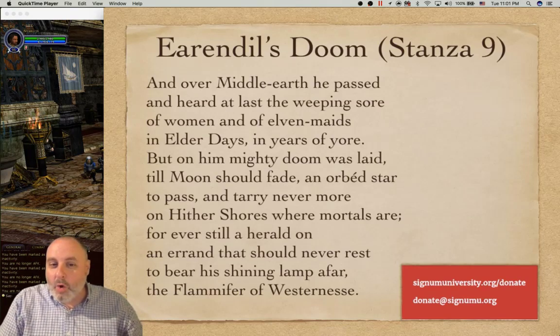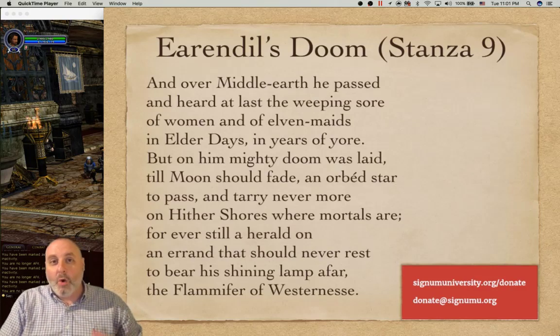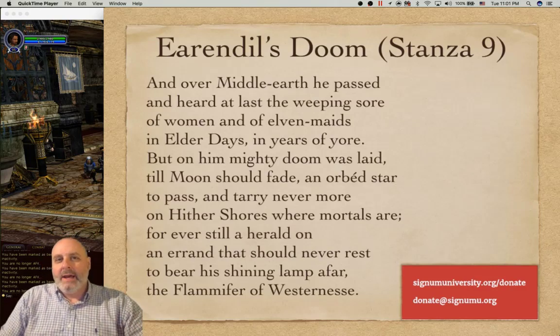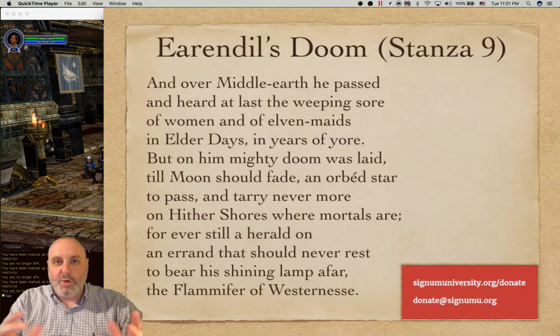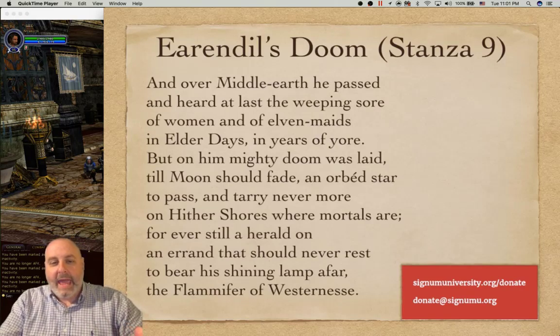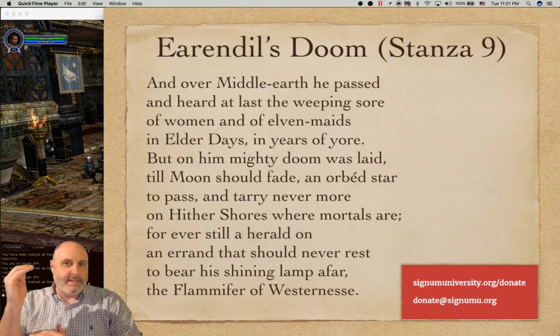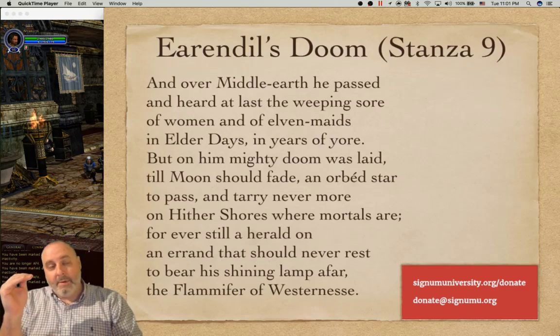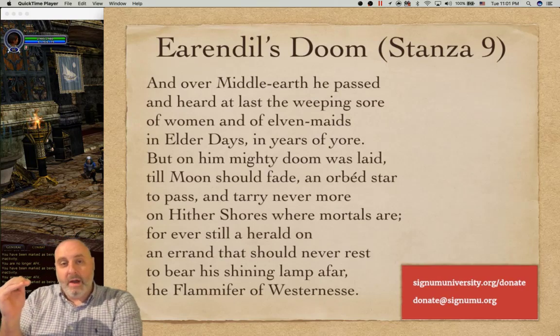And to be orbed, therefore, means to be restricted within that orb. He can't leave it. But on him mighty doom was laid, till moon should fade, an orbed star to pass, and tarry nevermore on hither shores where mortals are. He can't cross that distance that is between him and the Norland, right? His home and the people of his home.